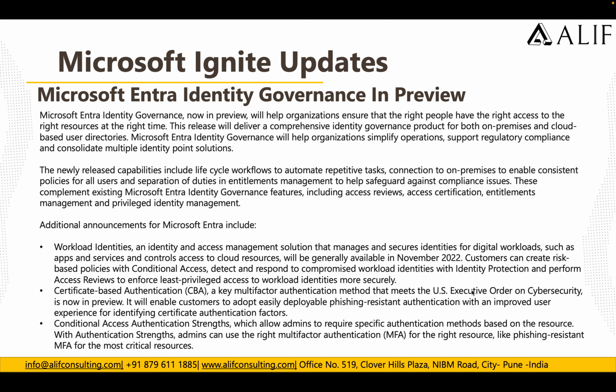The next update is conditional access authentication strengths, which allow admins to require a specific authentication method based on the resource. With authentication strengths, admins can use the right multi-factor authentication for the right resource, like phishing-resistant MFA for the most critical resources. So these are the new updates in Microsoft Entra identity governance.